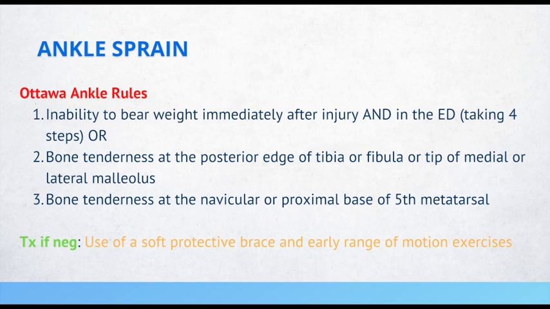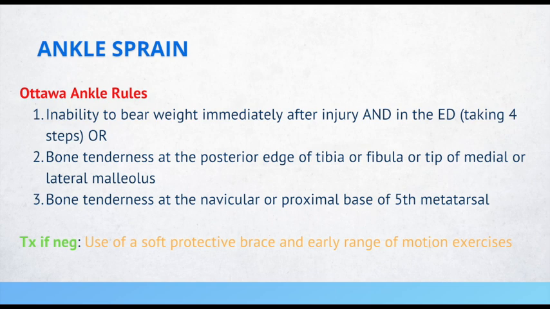Well, first, you have an inability to bear weight immediately after injury and in the emergency department, or bone tenderness at the posterior edge of the tibia or fibula or tip of the medial or lateral malleolus. 3.